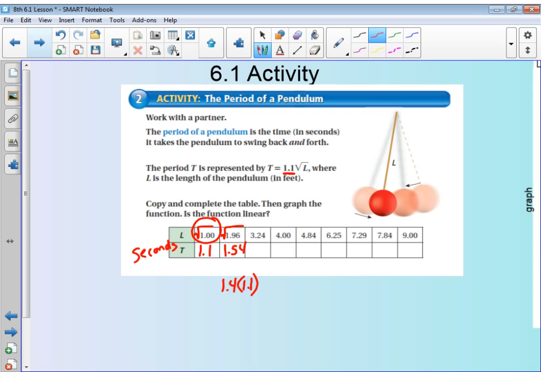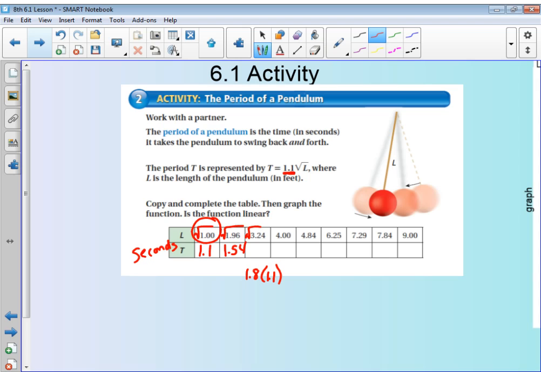Okay, now let's do the next one. I'm going to solve the square root of 3.24 first. So I punch in 3.24 and hit my square root button. That gives me 1.8. Now I'm going to take that times the 1.1 again.